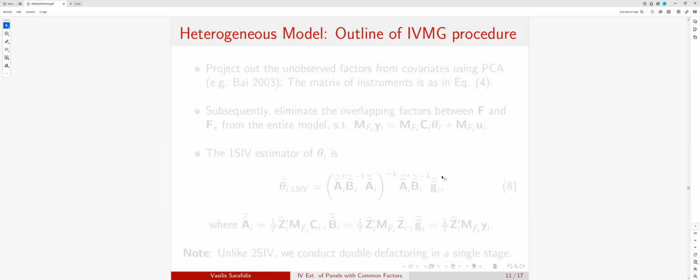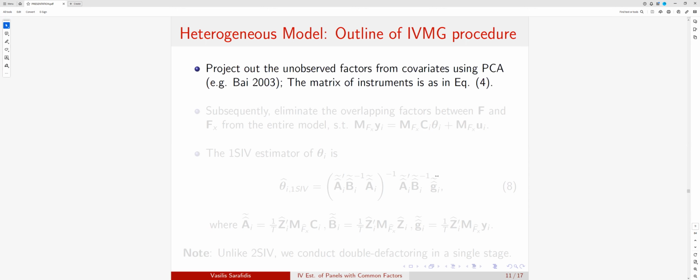Consider now the same model with heterogeneous slope coefficients. For this setup, we put forward a mean group type procedure. In the first stage, and there is only one stage in fact, we project out the unobserved common factors that influence y using principal components analysis again.